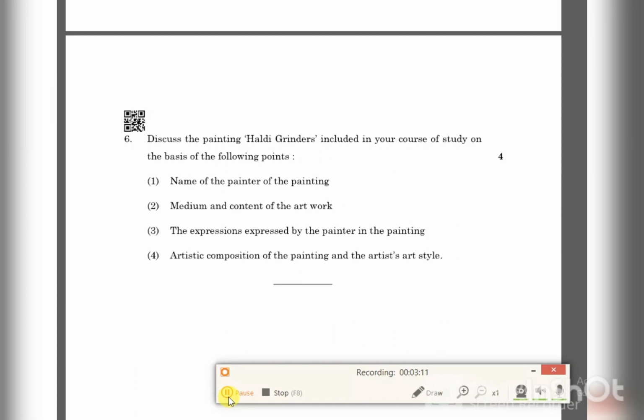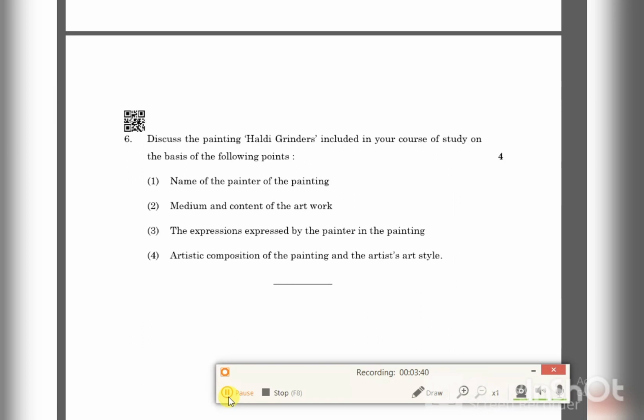She carried within her a deep sense of expression, and various things could be interpreted from her paintings. So this painting is a portrayal of domestic Indian household, and it shows how an Indian woman's household is, and how haldi is ground.